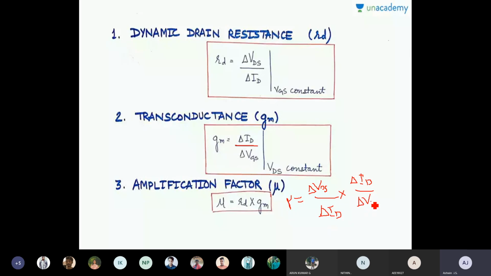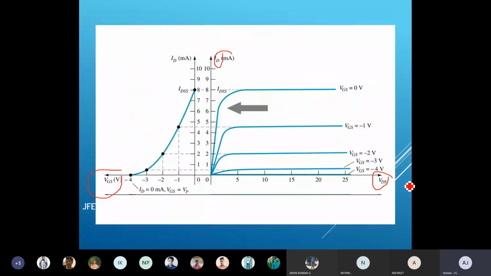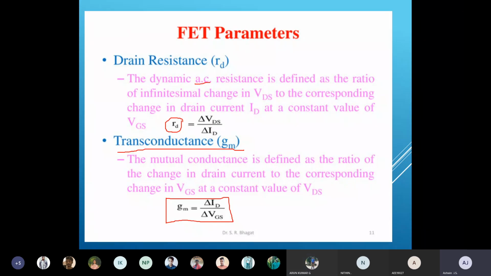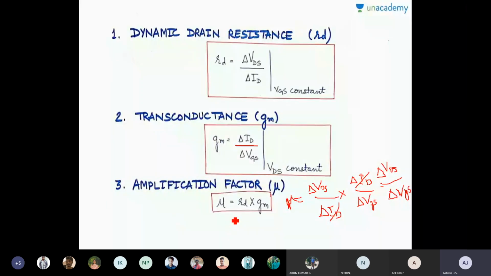So what will happen? The ID will get cancelled. So mu becomes del VDS divided by del VGS. Previously I told you the amplification factor is the output voltage divided by your input voltage, so that is what you got here. They represent it using the drain resistance as well as the transconductance.